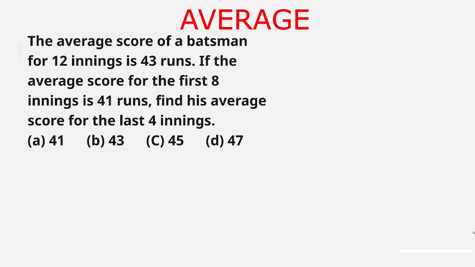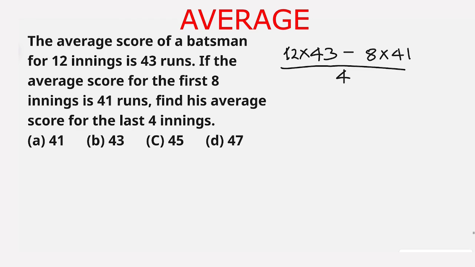We will find the total runs of 12 innings, which is 12 multiplied by 43, and we will subtract the total runs of the first 8 innings, which is 8 multiplied by its average, 41 runs, and we divide them by 4 so that we will get the average for the last 4 innings.